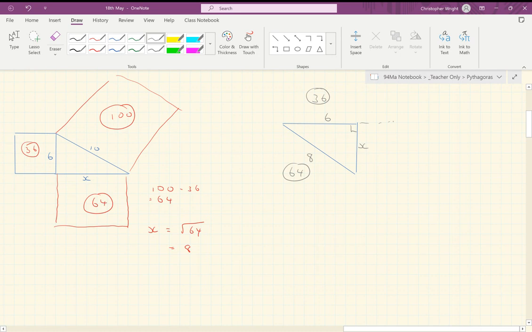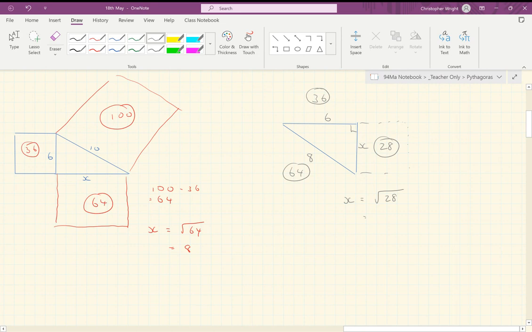So of course I don't know the area of this square, but I do know that 36 plus that one has to equal that one. So this one is going to be 64 take away 36, which is 28. So the area of that is 28, so x must be the square root of 28, which you can work out on your calculator.